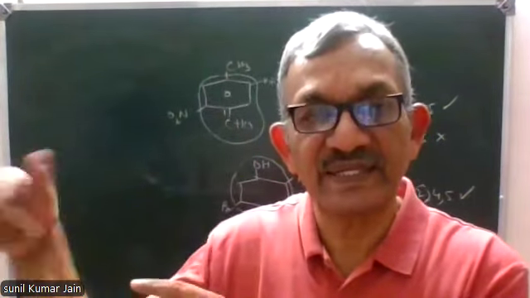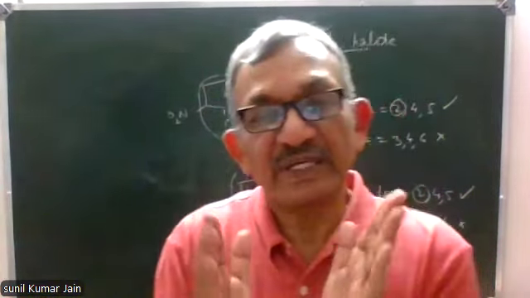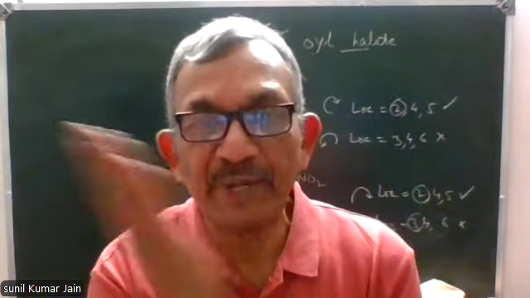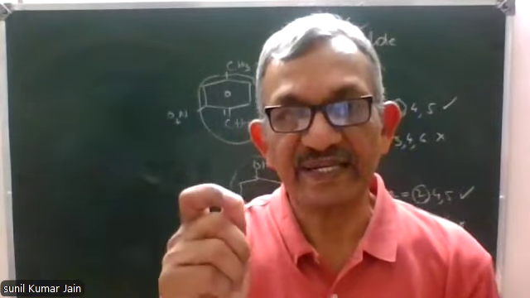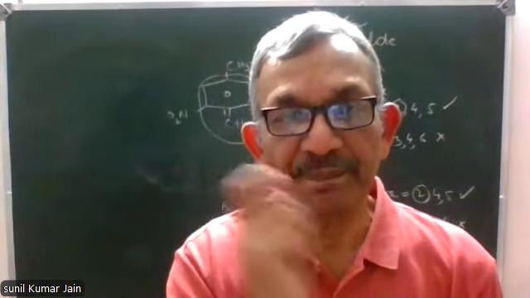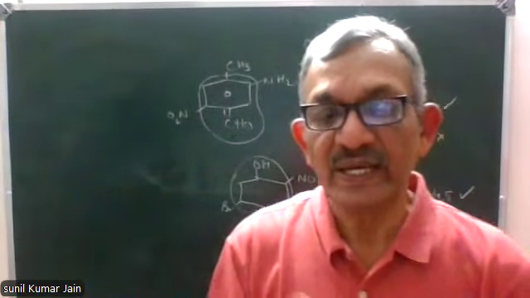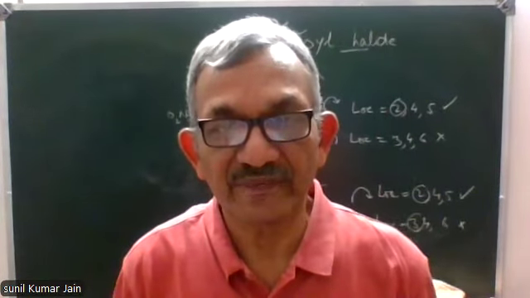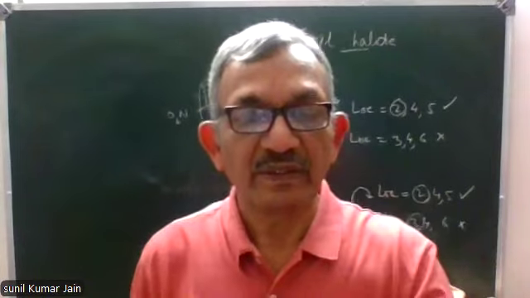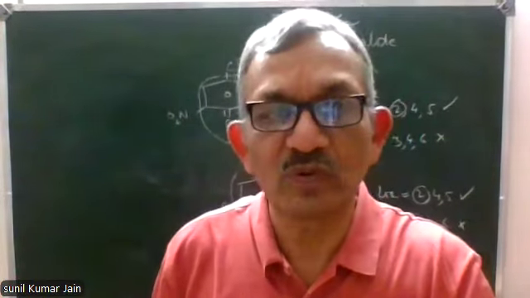I'll take up examples later in rules, but if CHO group is a part of the longer chain, then we use the prefix oxo. Right? Don't worry, we'll take up in rules later.